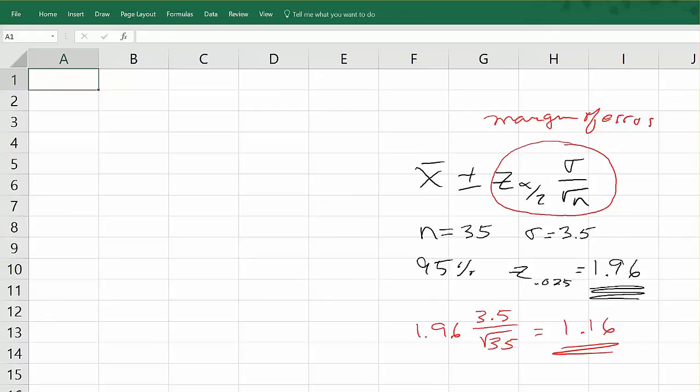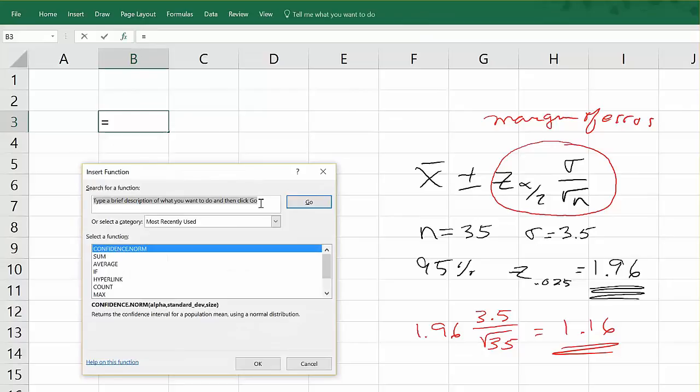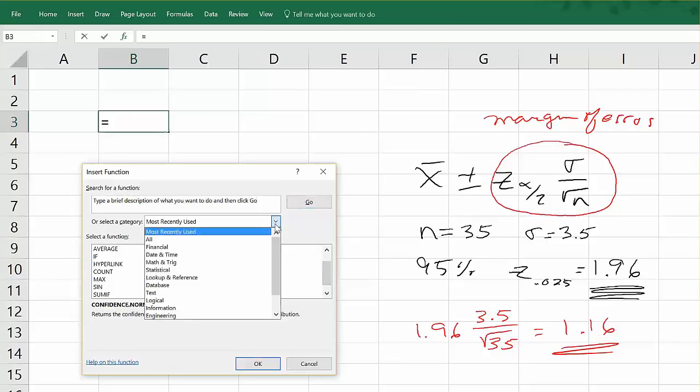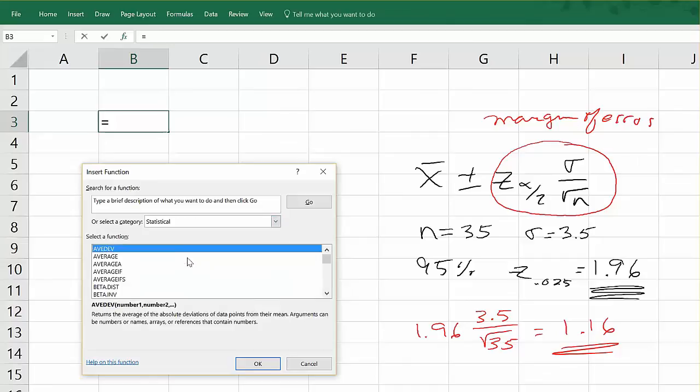Then I'm going to go up and select any cell I want to program, and then the symbol here, f sub x, will allow me to access functions, and it starts out with most recently used functions. But to get where we want to be with this, I'm going to go down and open up the menu for statistical functions.